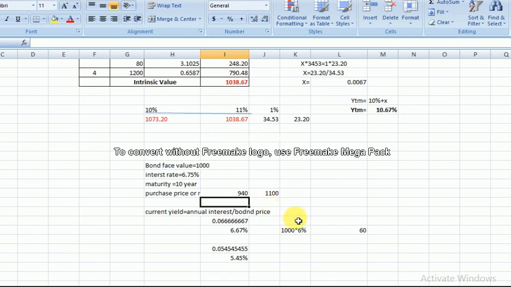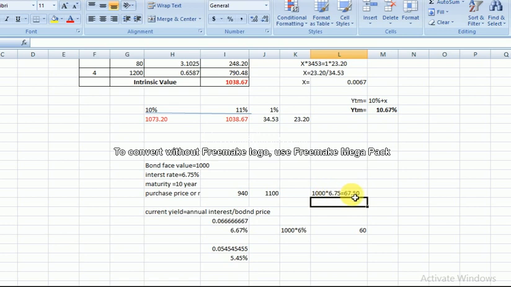So if we find the coupon per year, the coupon will be applied on the 1000 face value multiplied by 6.75, which equals $67.5 per year. Now we want the yield basis.